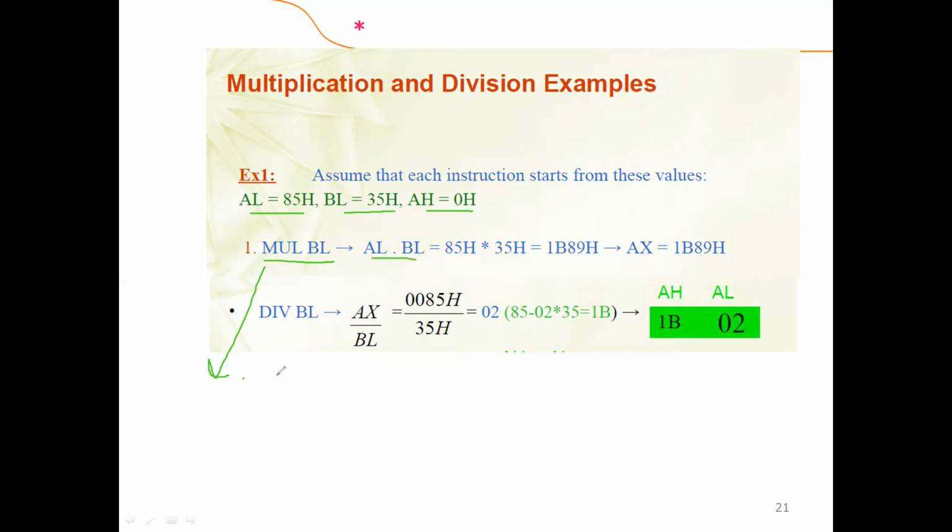Now, what is the content of AL? 85H. We need to take care that these values are given in hexa, not in decimal. So for multiplication, we need to take care of the hexadecimal number system.